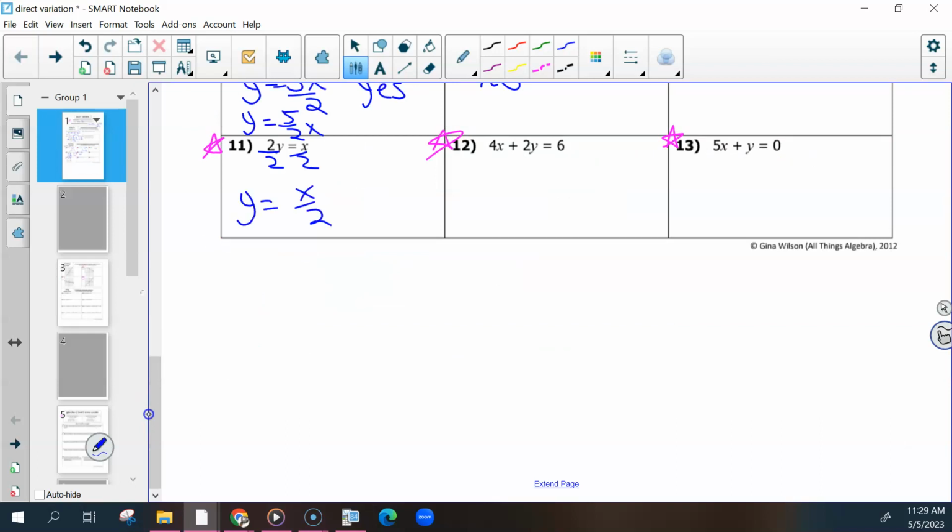Would this be a direct? Some no's. What if I rewrote this? So you have to remember that this can be rewritten like this, and it would be direct. 12, we'd have to solve. Subtract your x term.